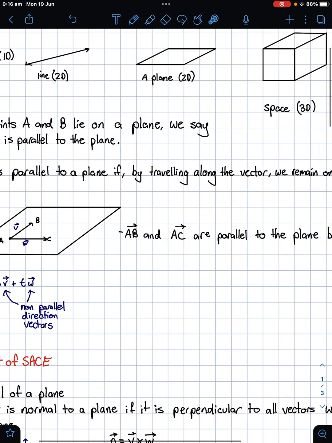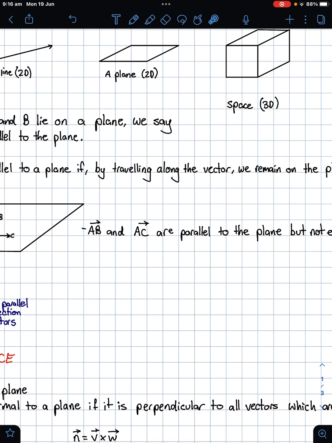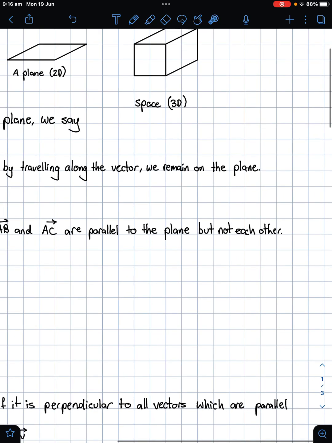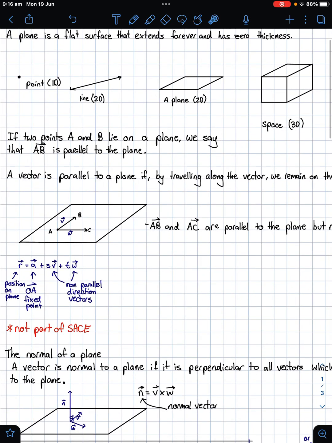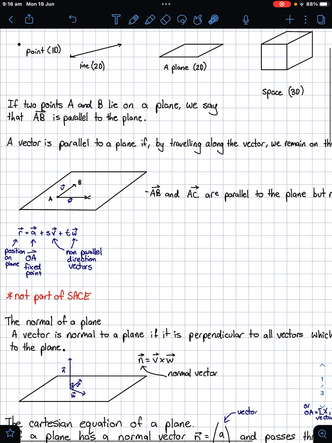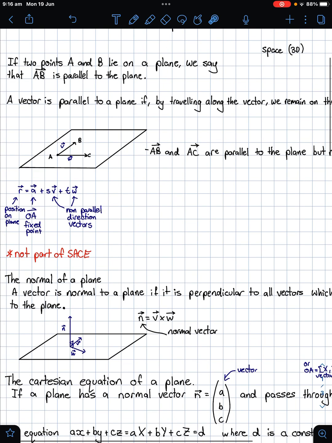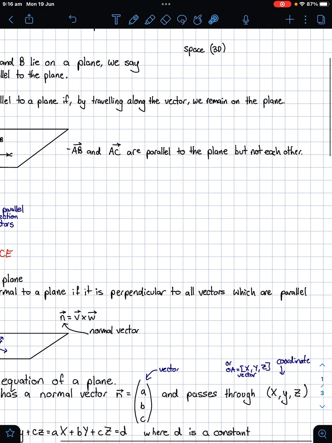So a vector is parallel to a plane if by traveling along the vector, we remain on the plane. That should make sense to us. It's a bit like in the Cartesian plane, we use X and Y because we never come off that plane. Our Z component never changes. So AB and AC are parallel to the plane, but not each other.